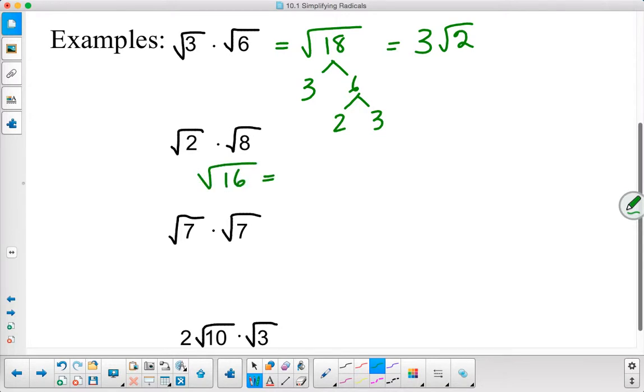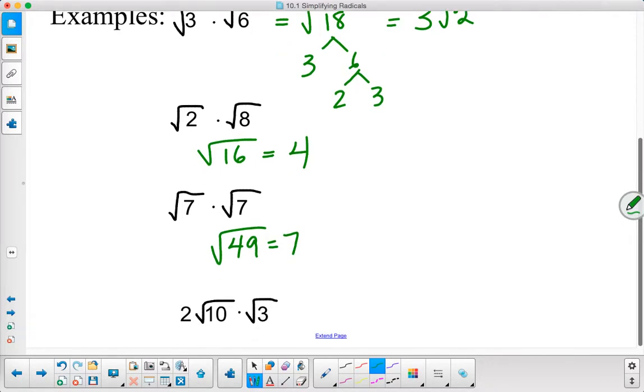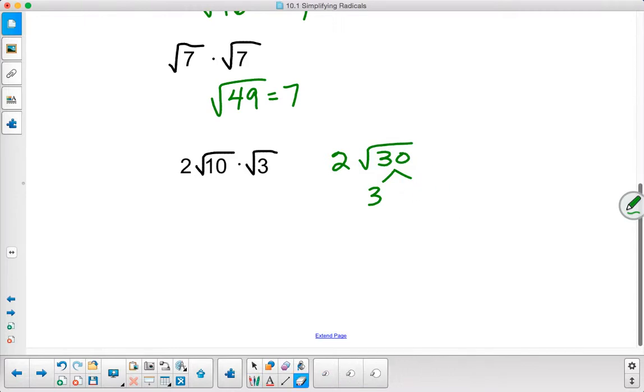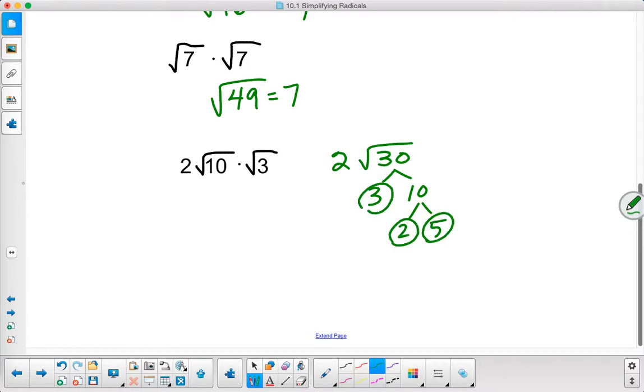Oh, this one's a perfect square. The next one's actually a perfect square. And that bottom one, if you factor, 3 times 10, there are no duplicates, so that one doesn't simplify.